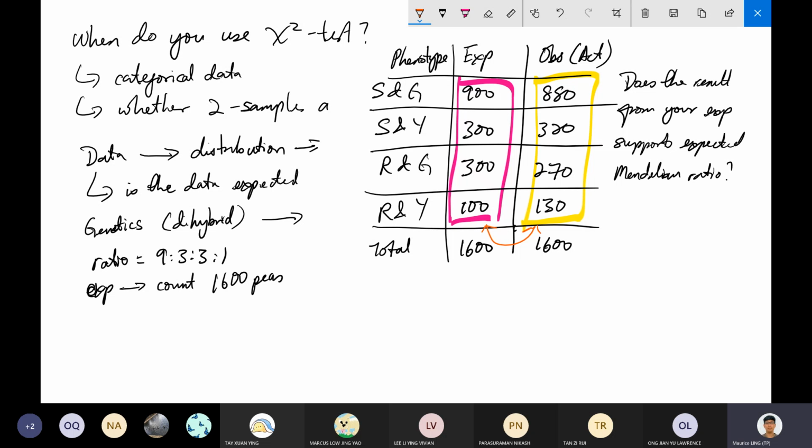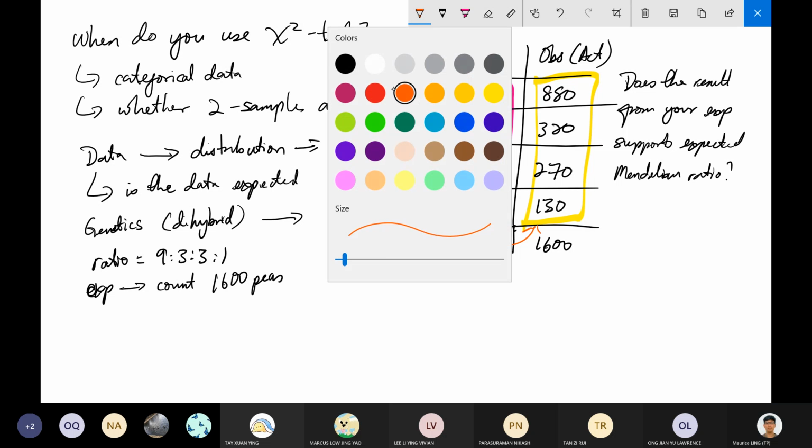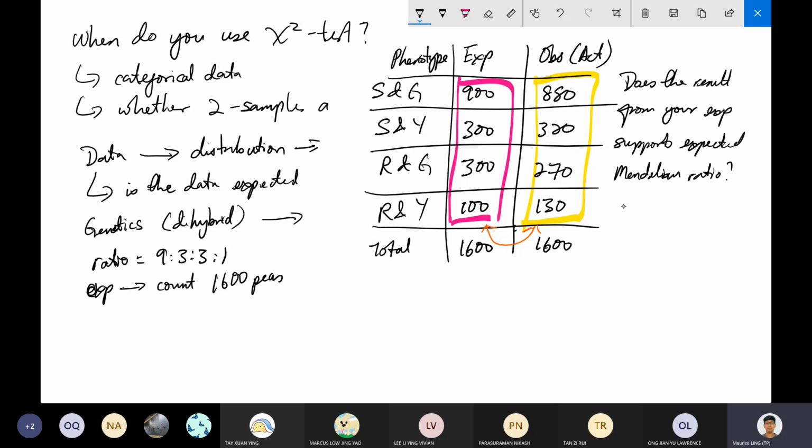Okay. So if you calculate, let's say the end result, if the chi-square is more than the critical value, then you say that your data do not support it. Basically, this is as good as rejecting the null hypothesis.